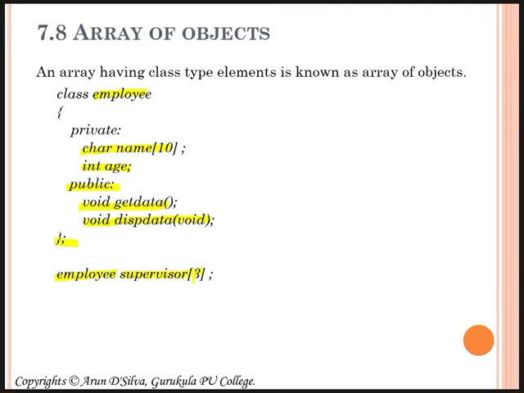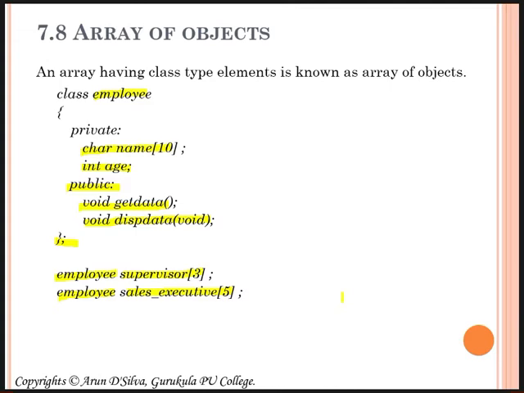Now here I've created supervisor with the size of 3, and this object can store information about 3 supervisors. In a similar way I've created one more, class is employee, sales executive of 5.